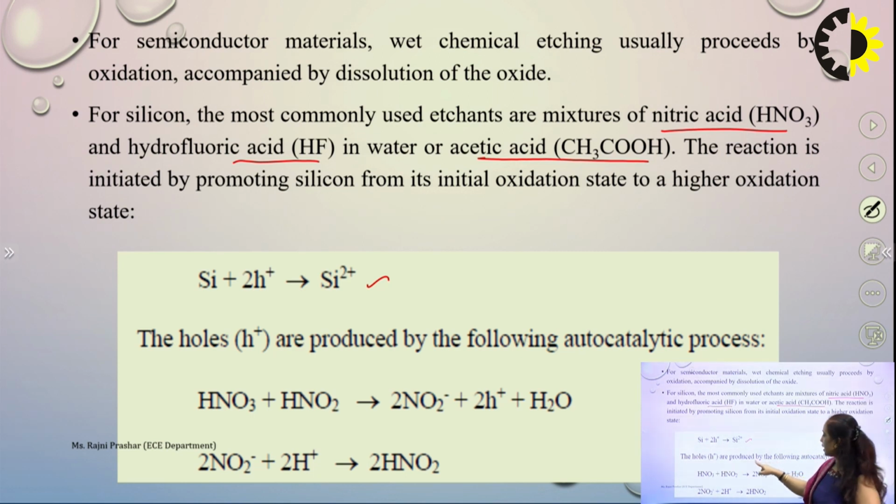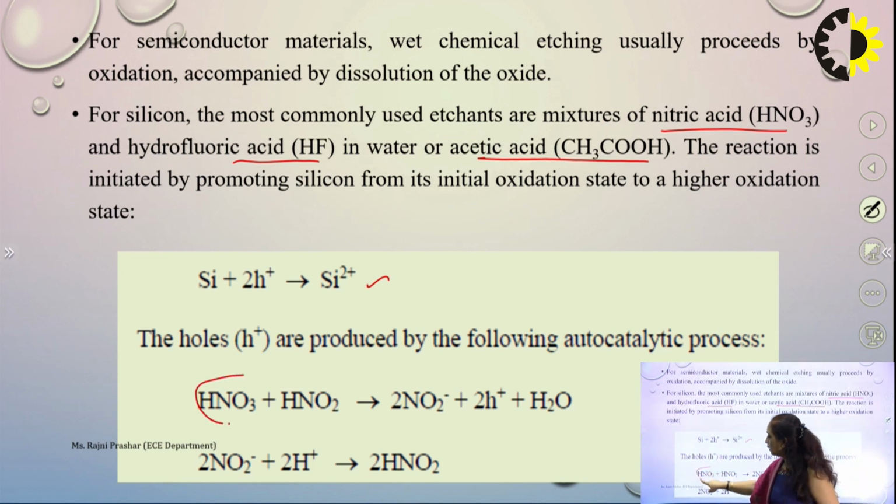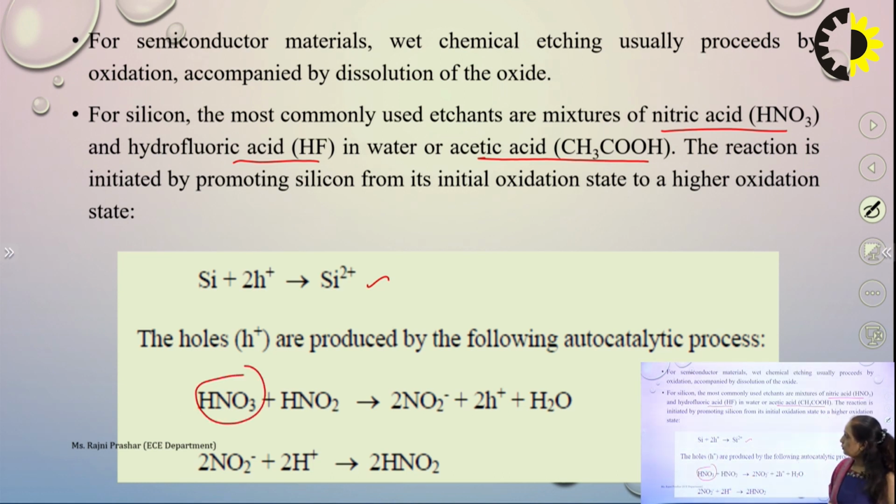These hydrogen ions are produced by the nitric acid. This HNO3 will react with HNO2, which is extracted from the reaction itself.